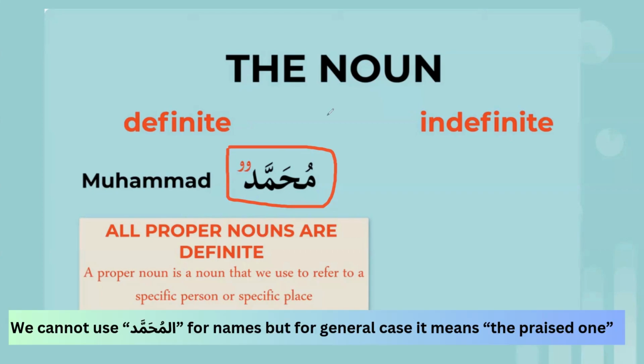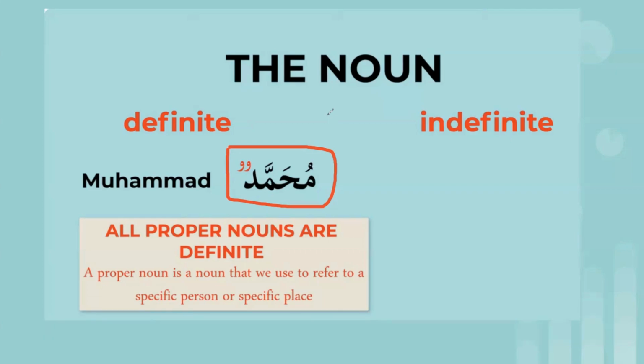We will never say al-Muhammadu for the names. For the names, we write the tanween, yet they are definite. We will not say al-Muhammadu, al-Abdurrahman, it's wrong. Al-Aisha, it's wrong. Name is name. Even if it doesn't have al and it has tanween, it's definite.